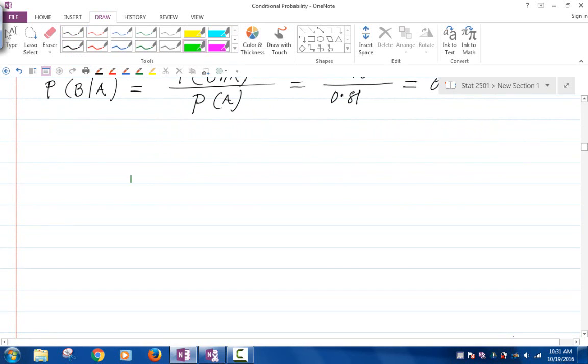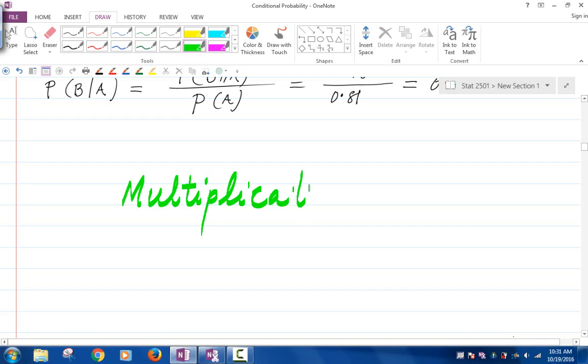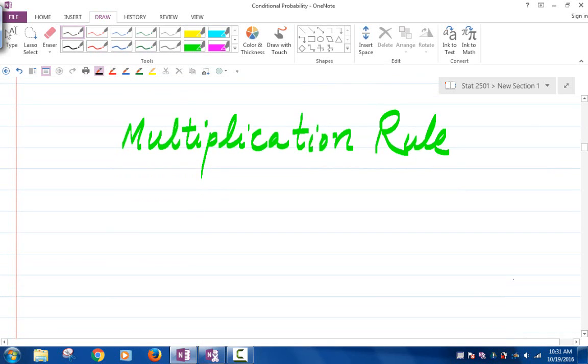Okay, so I want to write down now what is called a multiplication rule. So what's the multiplication rule? The multiplication rule says the following: the probability of A and B, right?